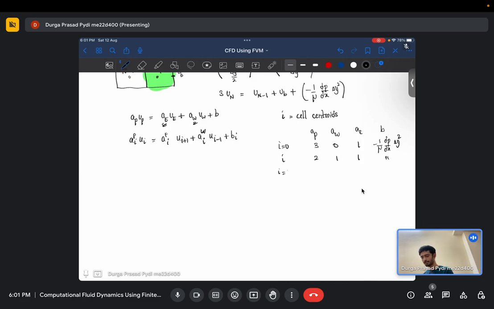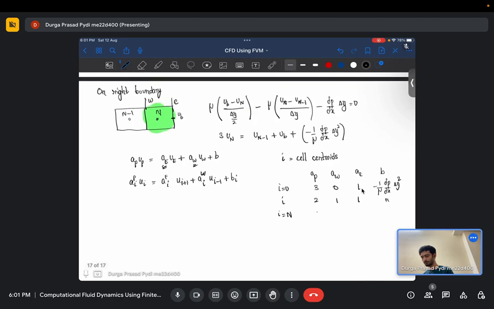For the last cell again, AP is from this equation, essentially the first coefficient of that particular cell, so that is 3. On the right boundary you don't have any cell towards the east, so the west coefficient will be 1 and the east coefficient will be 0, and the B term is essentially the same. So this is what you get.